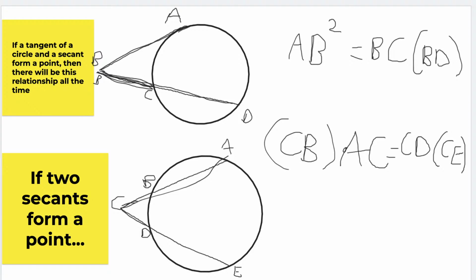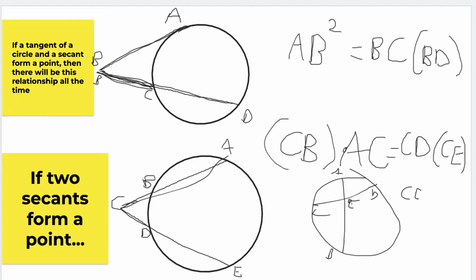And I forgot to name one thing. If there are two chords, pretend I have chord AB and chord CD, and they meet at E, then CE times DE equals AE times BE.